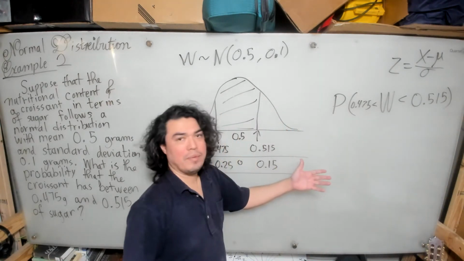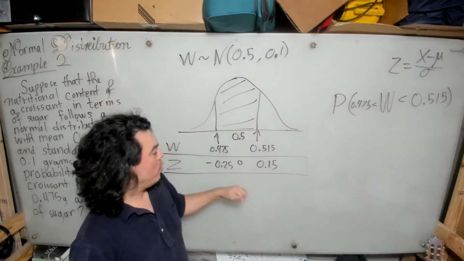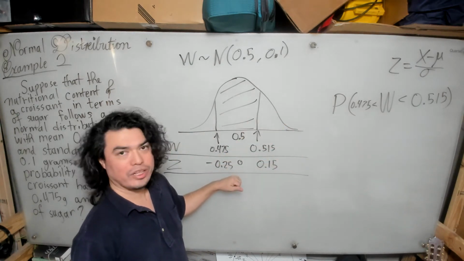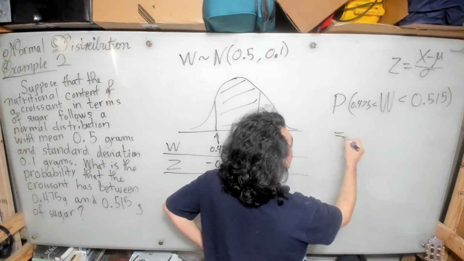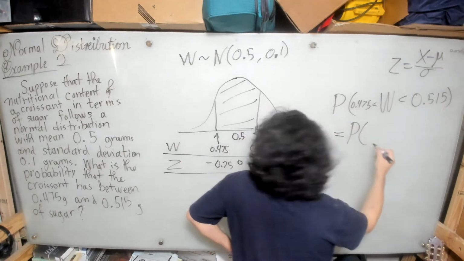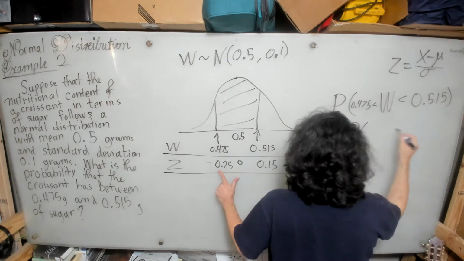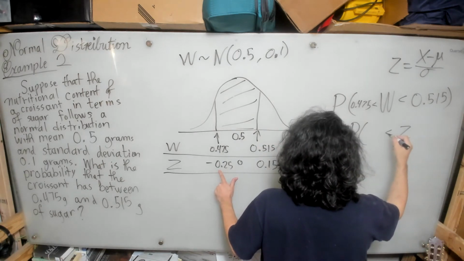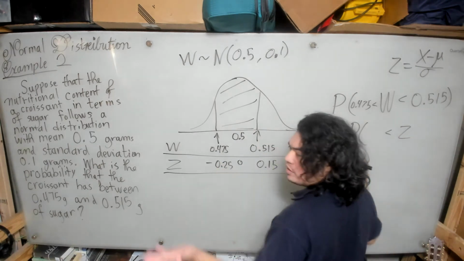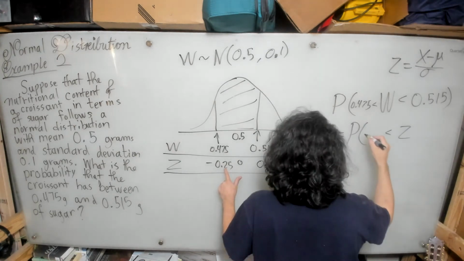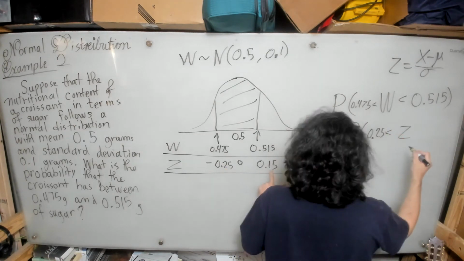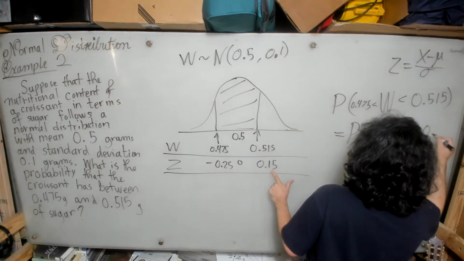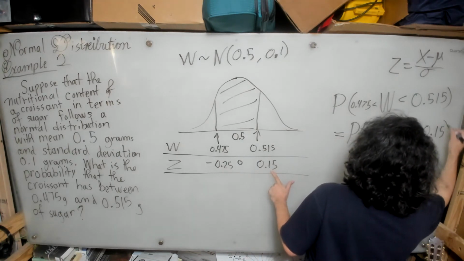And then what I'm saying basically is that from what we got here, from calculating the z-scores, this probability is equal to the probability that the standard normal random variable takes on a value between negative 0.25 and 0.15, right?